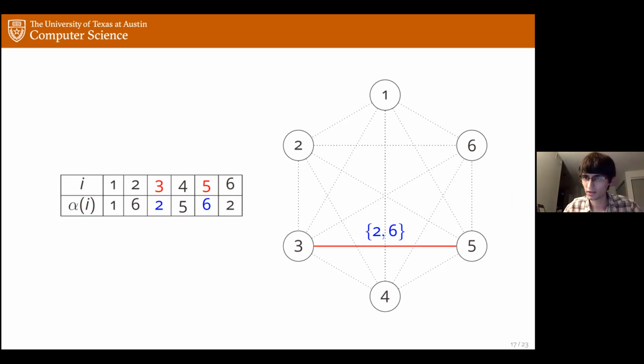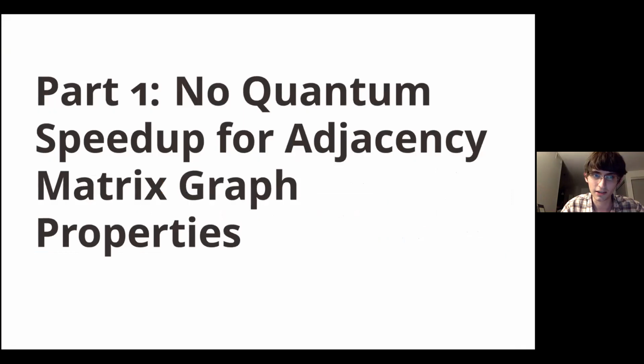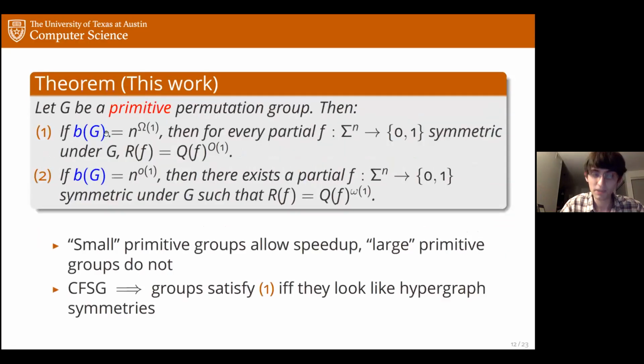So you can add symmetries to any problem you like at the cost of some additional queries, and the cost turns out to be precisely this B(G) measure. I mentioned how there is a nice intuitive query complexity definition of B(G), and that turns out to be precisely why we are able to construct speedups when B(G) is small.